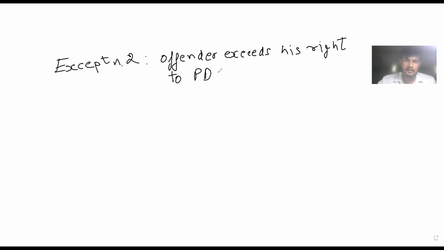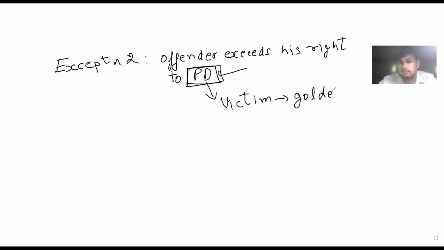So in that case also, like I told you in the cases of private defense, at the time when I was discussing private defense, we studied it with respect to the victim, that you cannot expect the victim to measure every act of his or her in golden scales.